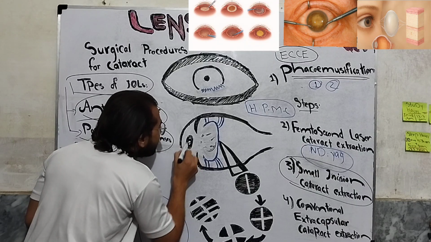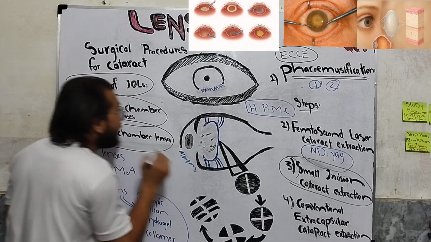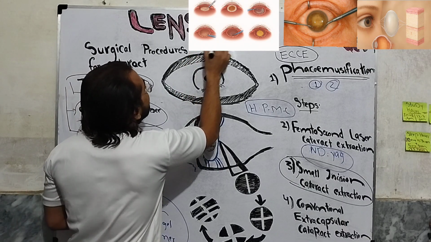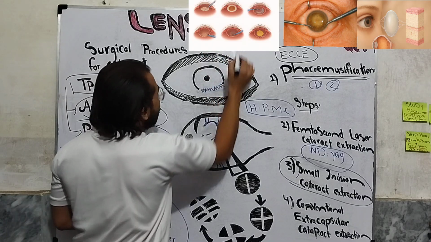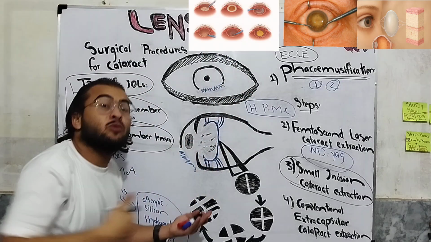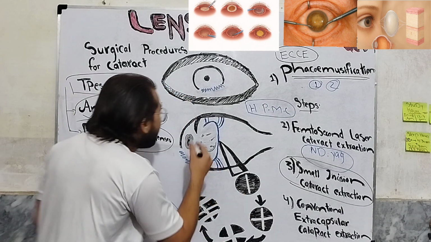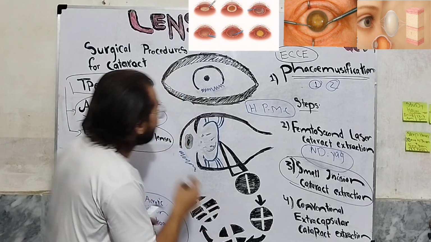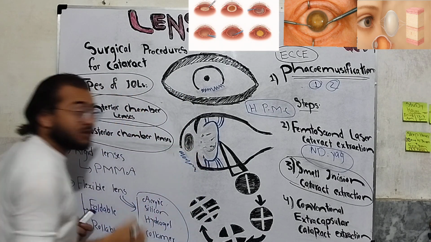We are not placing the lens in the posterior chamber because this is intracapsular cataract extraction, as we have removed the entire lens with its capsular bag. So there is no capsular bag, and there will be no support for the lens. That's why we are keeping this lens in the anterior chamber.